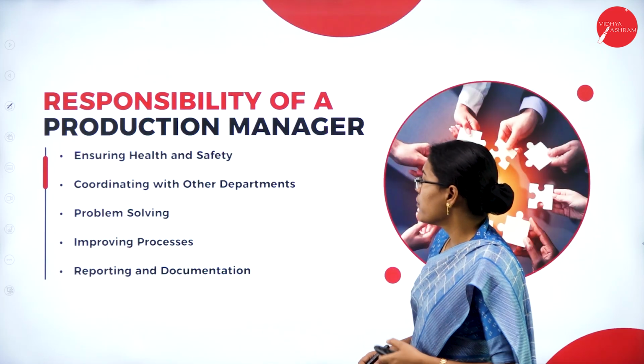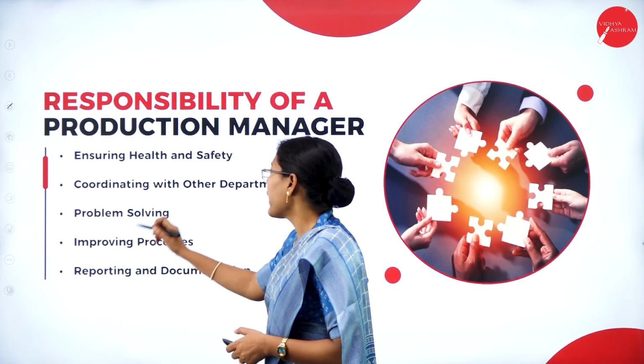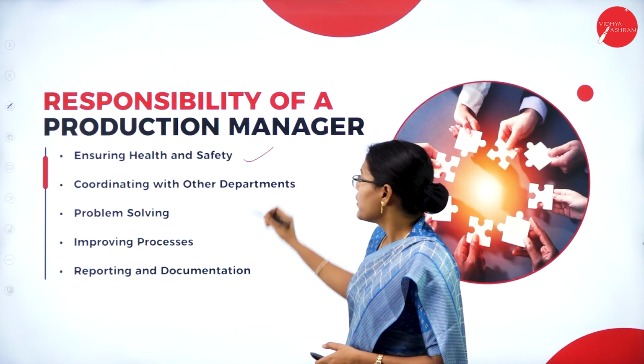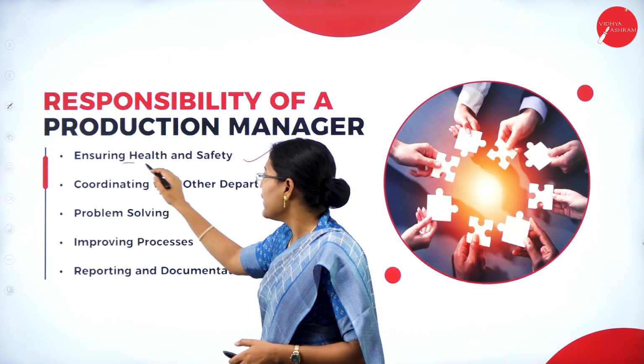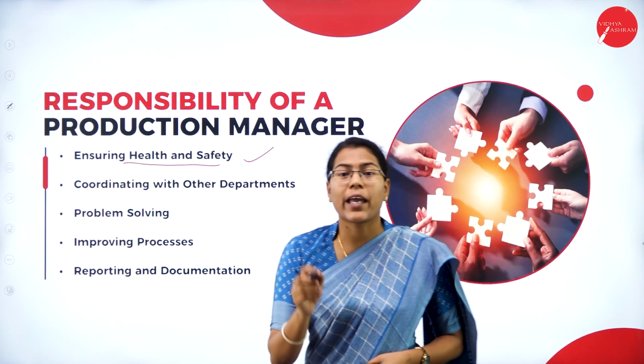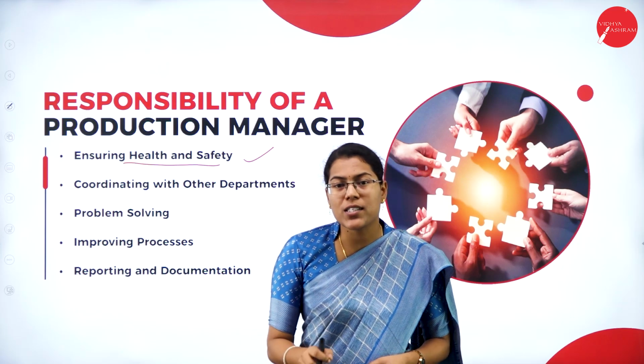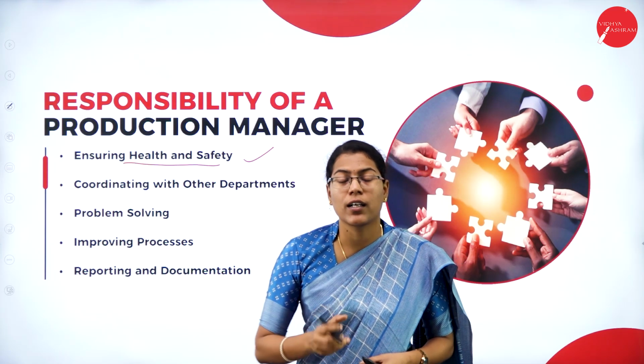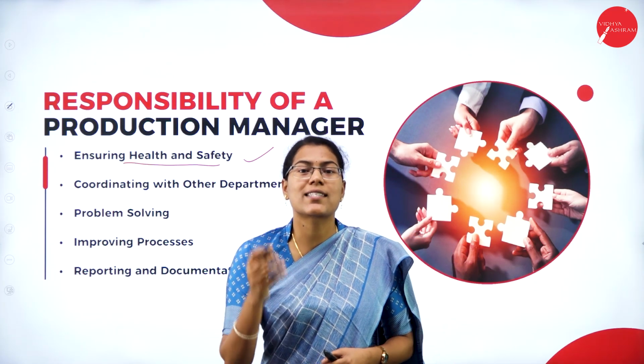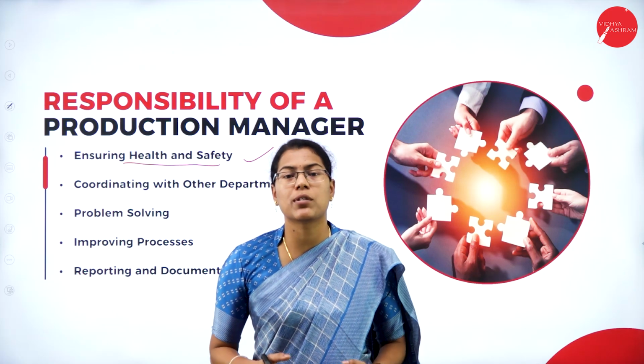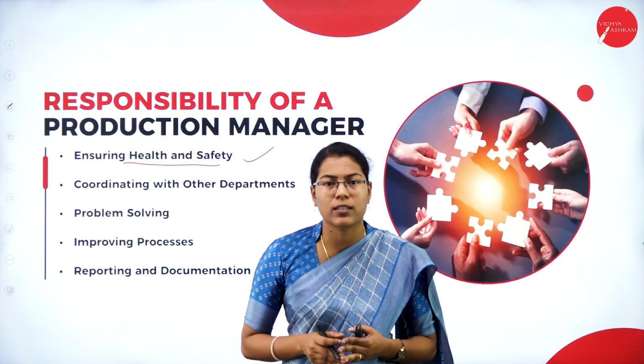So moving on, we have ensuring health and safety. It is the responsibility of a production manager to ensure the health and safety of the employees or the laborers working in the production unit.